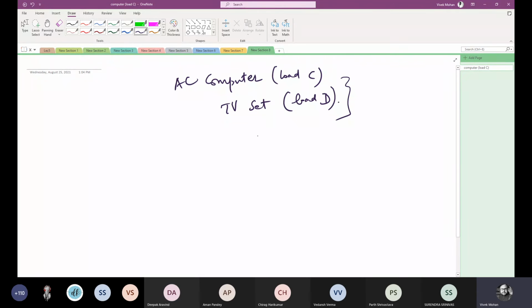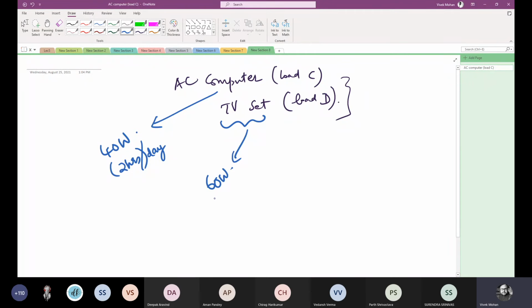Now the computer has a rated power of 40 watts and it runs for 2 hours per day, because we are doing everything in terms of daily energy requirement. So 2 hours per day, and the TV set is of 60 watts and it works for 3 hours per day.